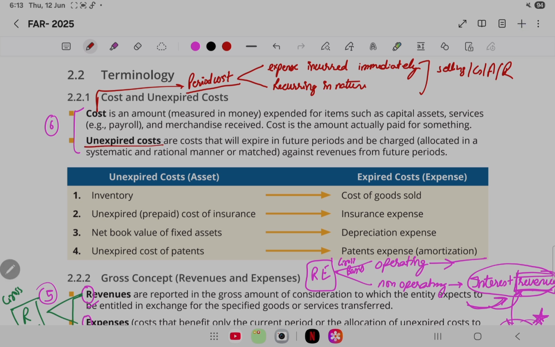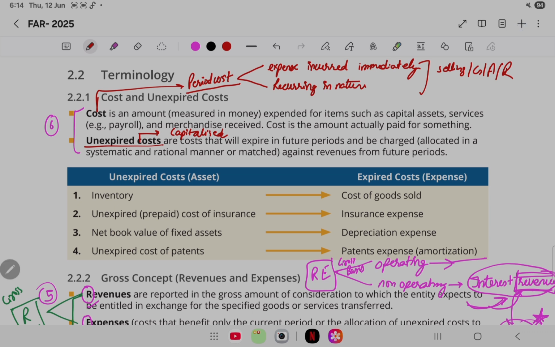What is an unexpired cost? It is a cost that is capitalized as an asset for the future. Basically, if you have purchased an asset, it will be considered an unexpired cost for the remaining years in which you will be using it in the future.